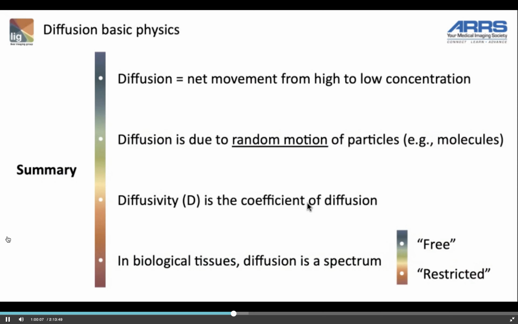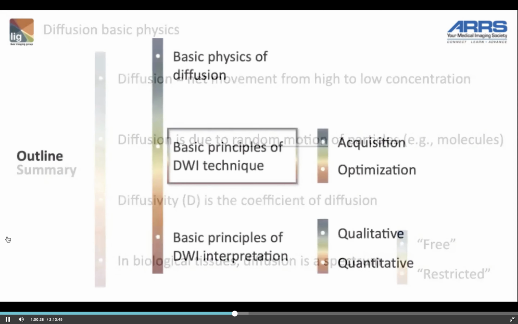We will attempt, as we will see later, to measure the diffusivity, but we're not quite able to measure diffusivity. Instead, we're going to be measuring an approximation of that, and I'll talk more about that later. In biological tissues, diffusion is a spectrum. It's not just binary, it's a spectrum ranging from free to restricted.